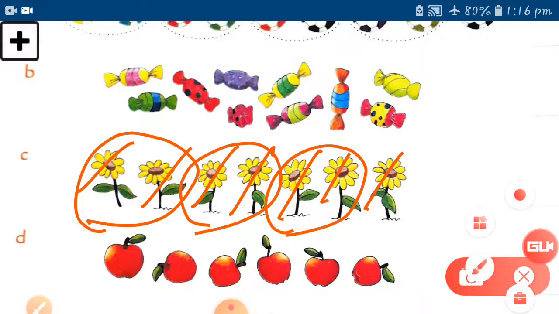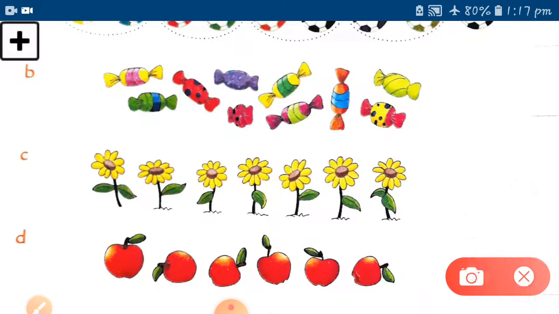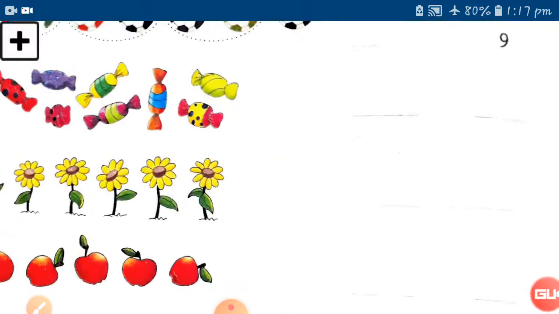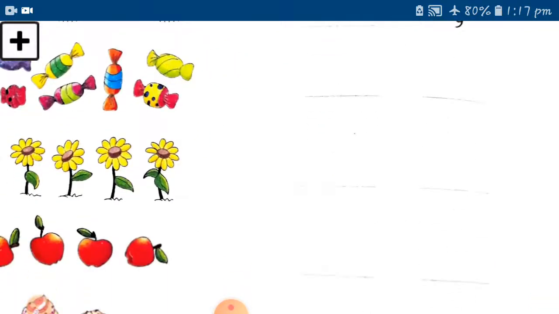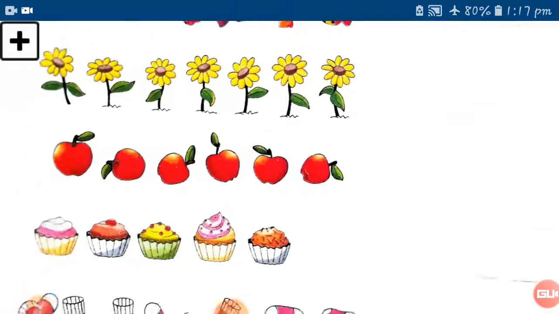So 7 number will go with which? Yes, with the odd number. 7 will come at the odd number here. Okay, understood? So this way you have to complete this exercise.